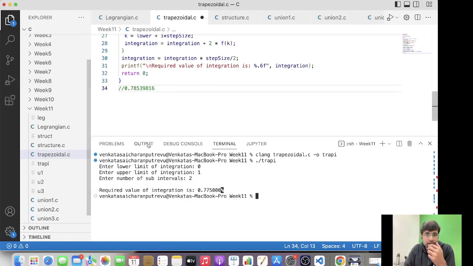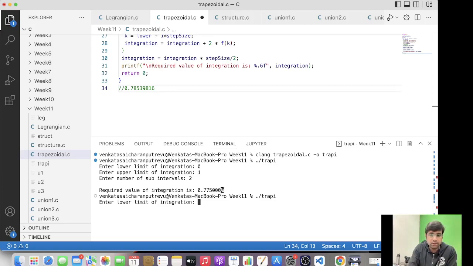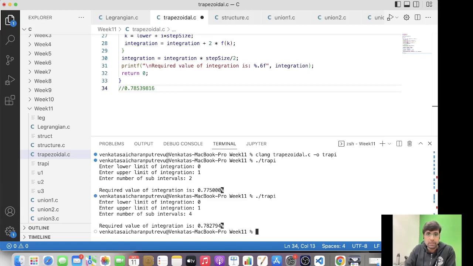You can see that there is a large error between the expected value and the actual value. Let us try increasing the trapezoids: 0 and upper limit 1 and sub intervals 4. You can see a significant improvement, but still there is an error.